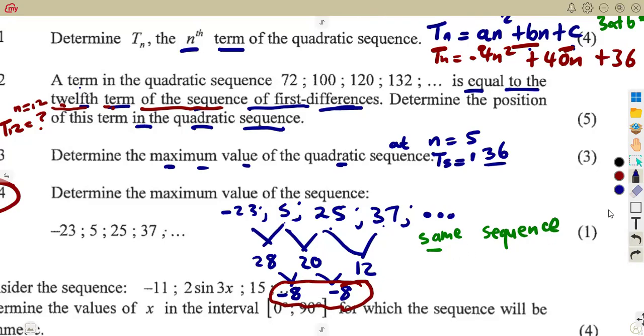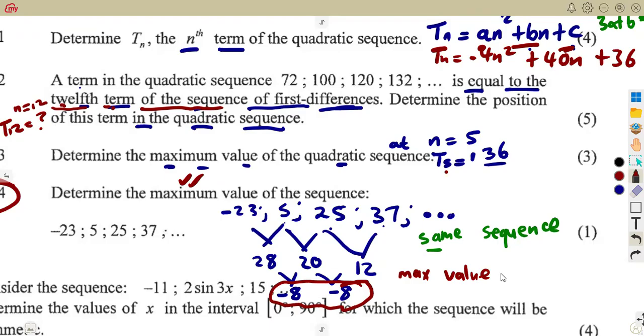So if it is the same sequence, the maximum value of this sequence is at n equal to 5, meaning our maximum value is T5, just like before.